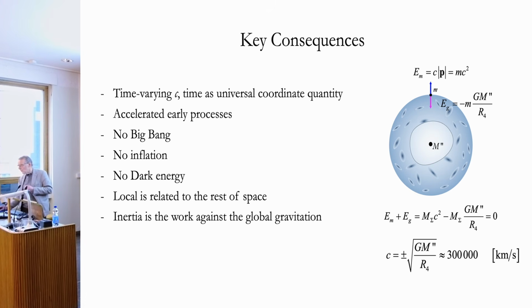If you think about any motion in space here, it's central motion relative to the center mass in space, which means that the central force created by the motion compensates part of the gravitational interactions. And when we look at that in terms of energy, we can find that the net inertia can be expressed exactly and mathematically precisely as the work done against the gravitation of the rest of space. And this is exactly the last principle.